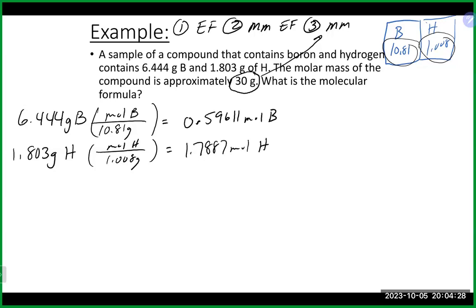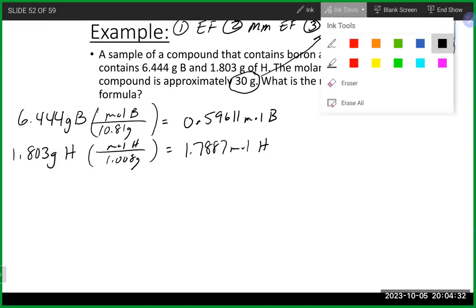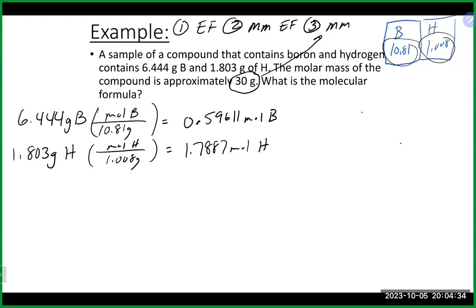Any questions so far? Our next step in calculating the empirical formula is to divide by the smallest. In this case, boron is the smallest, so we're going to divide everybody by the moles of boron.